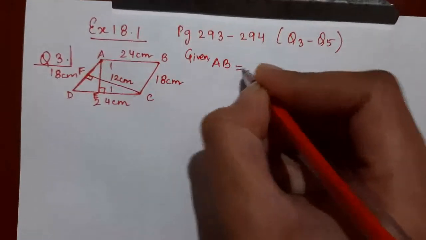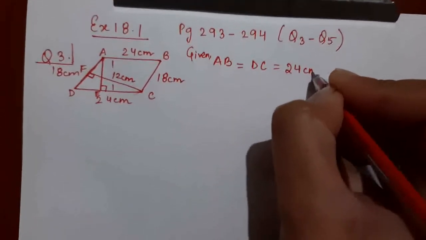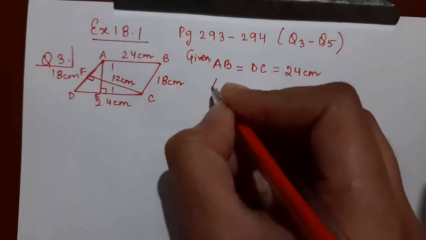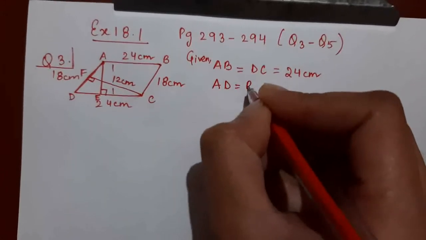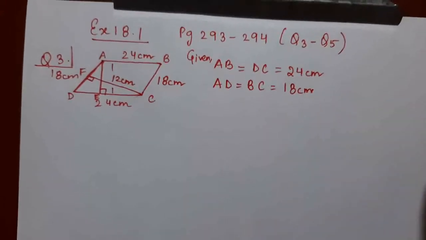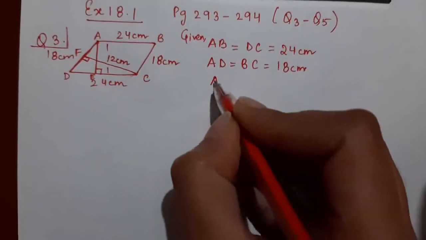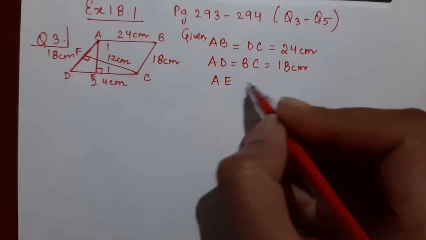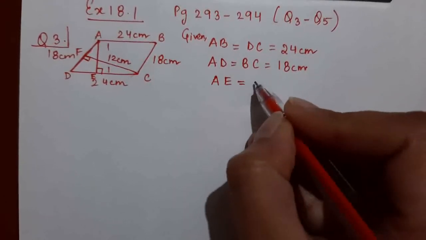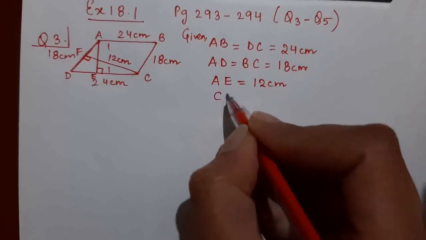Given AB equal to DC equal to 24 centimeter, AD equal to BC equal to 18 centimeter, AE equal to 12 centimeter. We have to find CF.